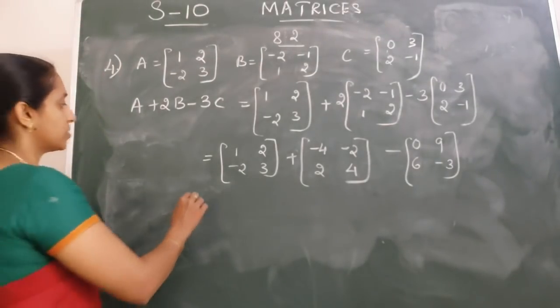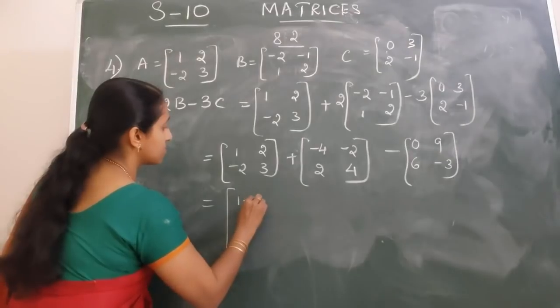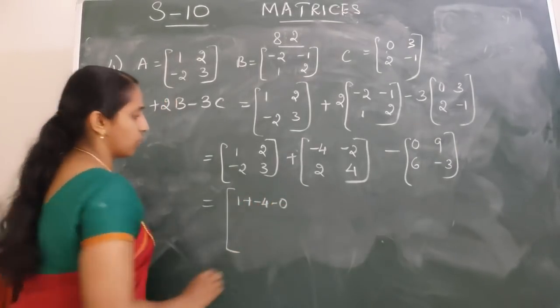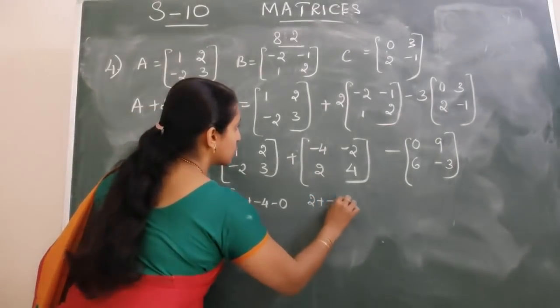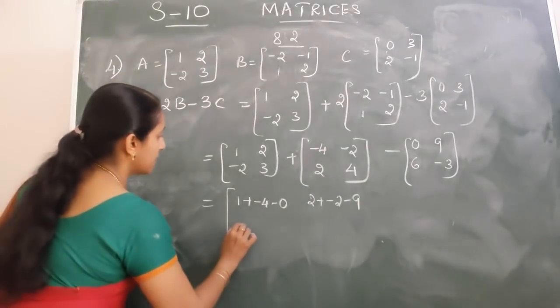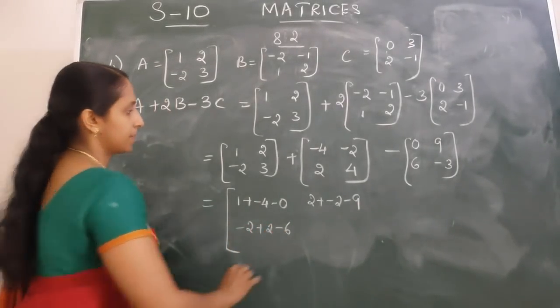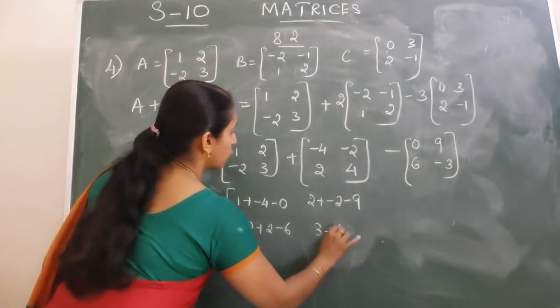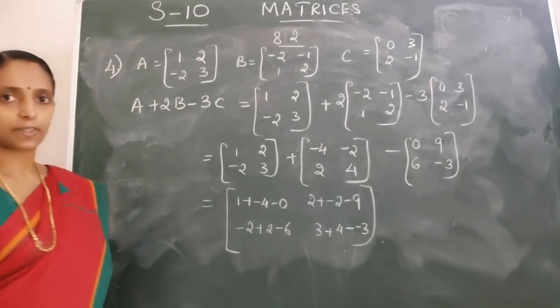Now we are going to write it as a single matrix: 1 plus minus 4 minus 0. Then 2 plus minus 2 minus 9. Minus 2 plus 2 minus 6. 3 plus 4 minus 3. Right?